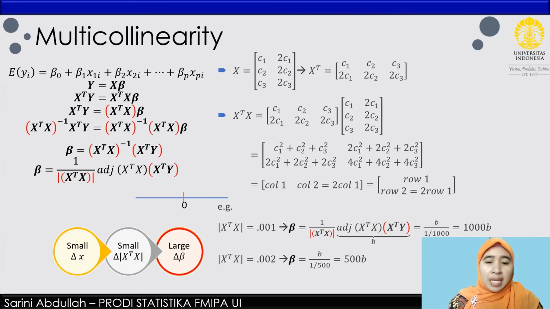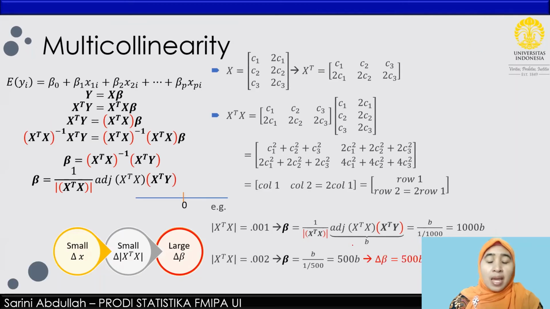Now, a slight change of the X, the data, will give a slight change in the determinant, but then we see the effect of those slight changes on the value of the beta. Before, beta is 1000 B, and let's say B equals 1, so beta equals 1000. When we do a slight change of the data, we get beta equals 500 B, which gives us a difference of 500.